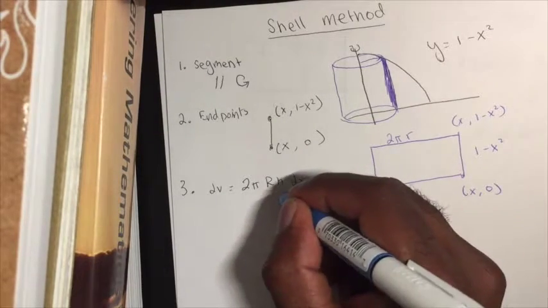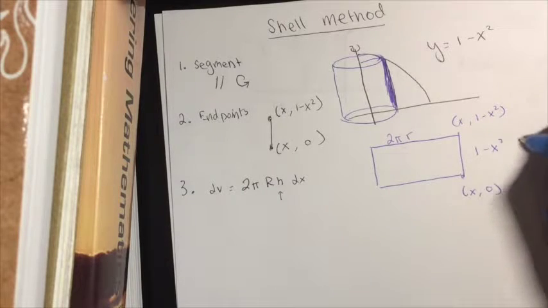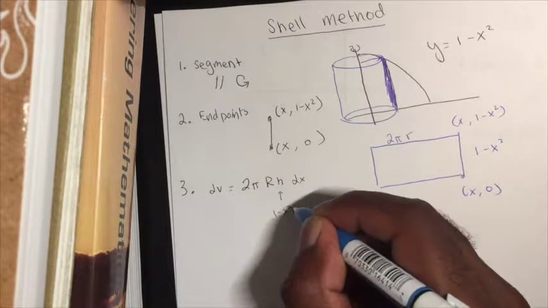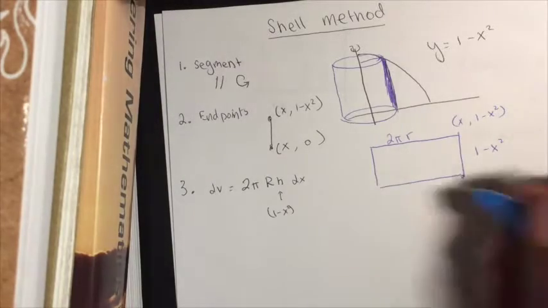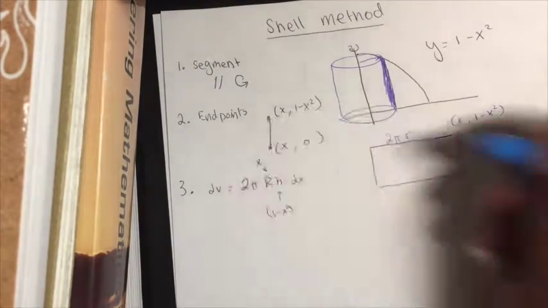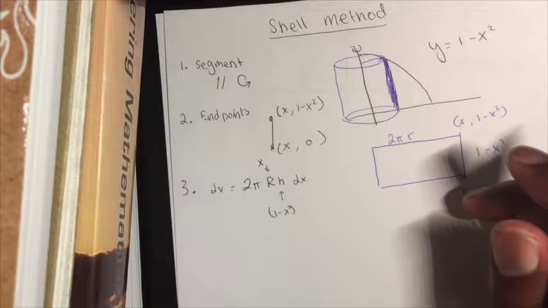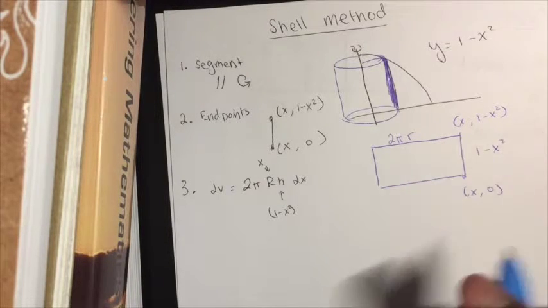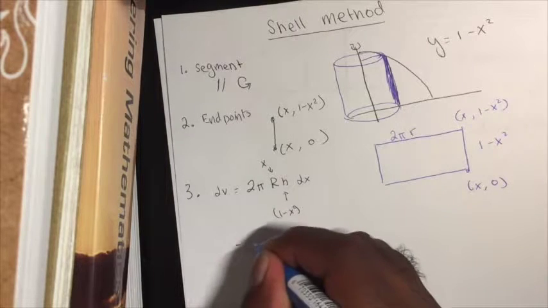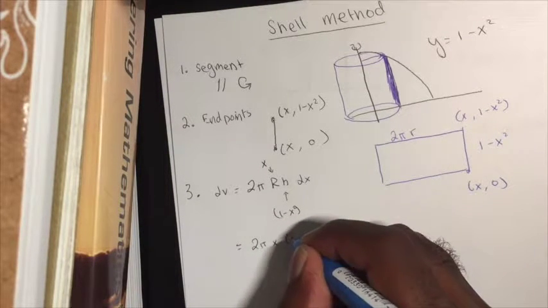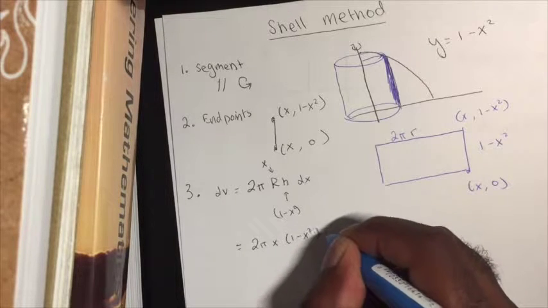Our h will be the 1 minus x squared that we get from our endpoints, and our r will be x. So specific to this problem, this will be 2 pi x times 1 minus x squared dx.